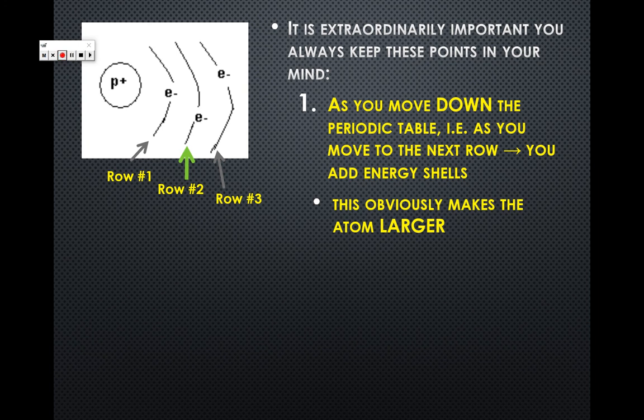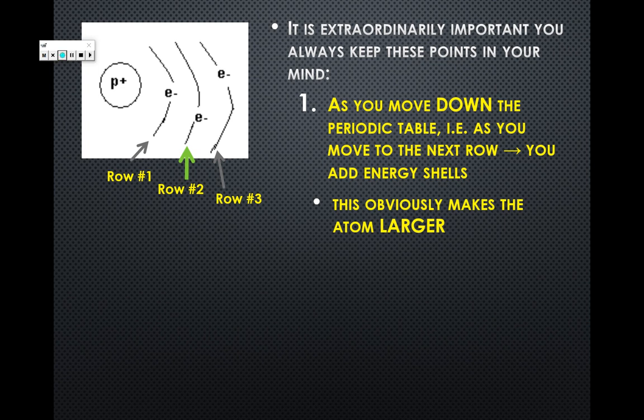Not only does the atom get larger, but we're also going to talk about the energy required to remove an electron from an atom. You drew a graph about the radius of an atom. So what happens as you go down? It gets larger because there are more rows.